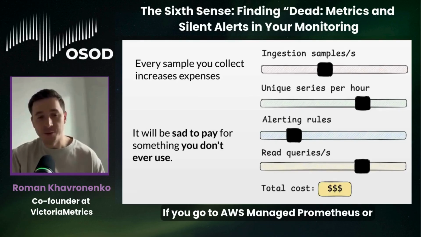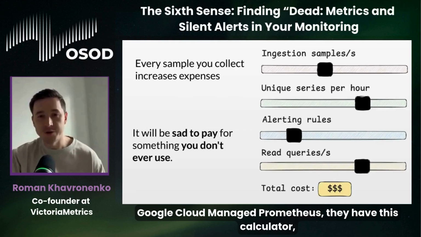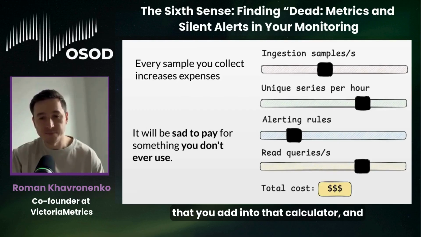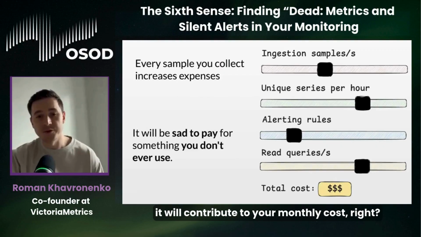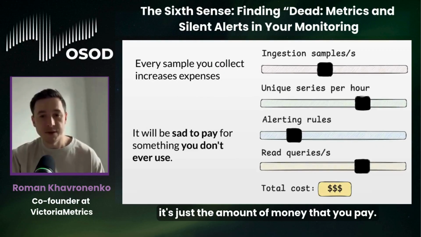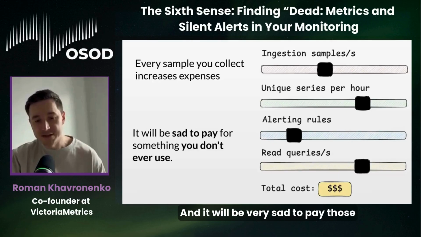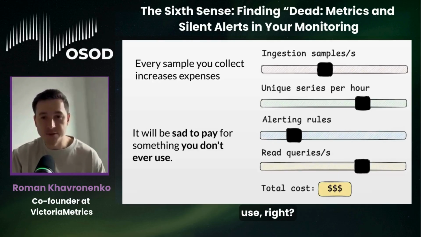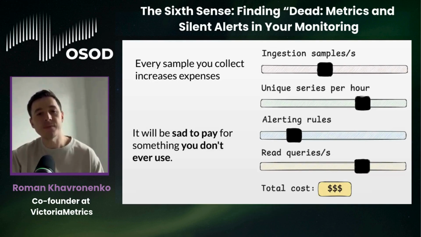If you go to AWS Managed Prometheus or Google Cloud Managed Prometheus, they have this calculator and you will pay for every additional sample that you add into that calculator. And it will contribute to your monthly cost, right? In the end, it's just the amount of money that you pay. And it will be very sad to pay that money for something that you don't actually use, right?